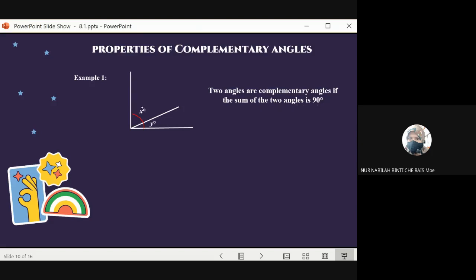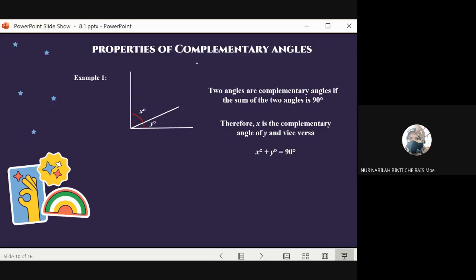If X plus Y equals 90, these are complementary angles. Complementary angles are two angles only. Therefore X is the complementary angle of Y and vice versa, where X plus Y equals 90 degrees.